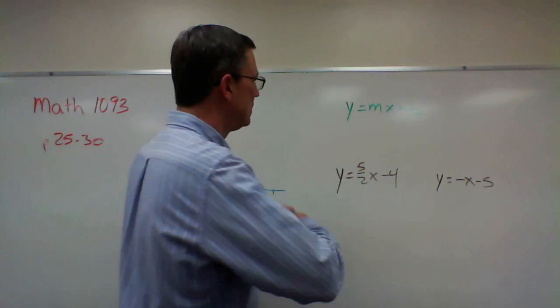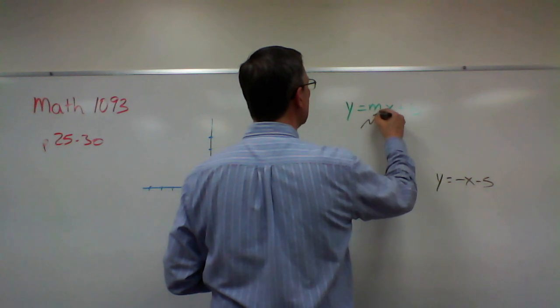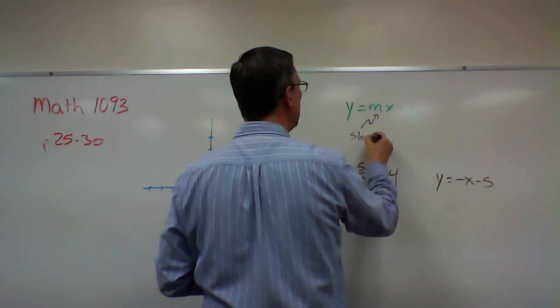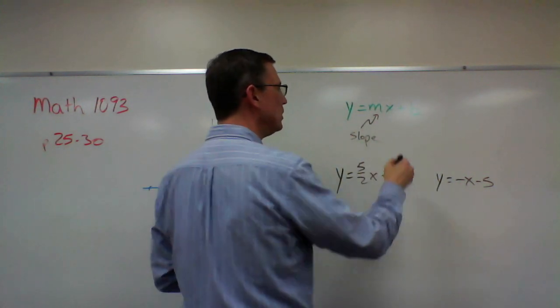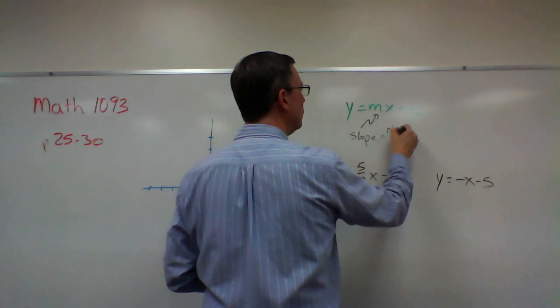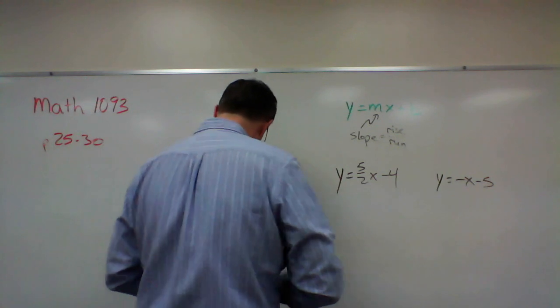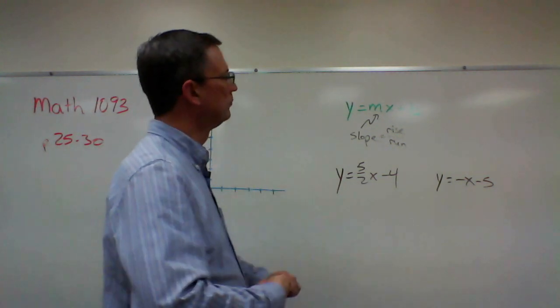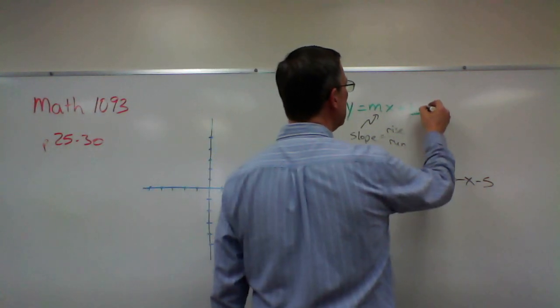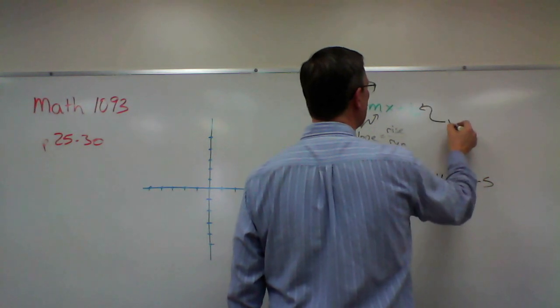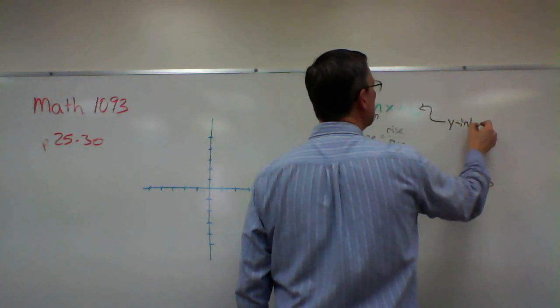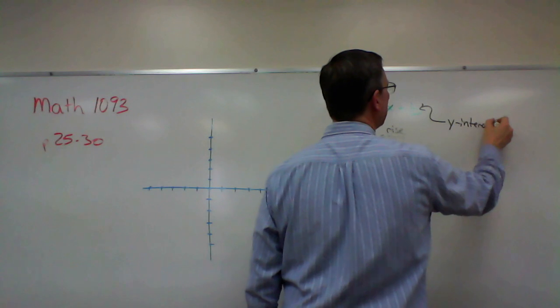m is the slope, and you remember from the previous lesson we talked about that is the rise over the run. Okay? b is called the y-intercept.